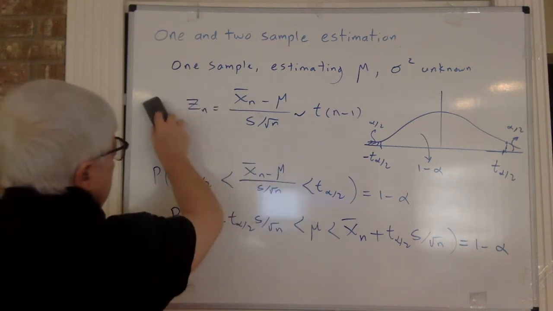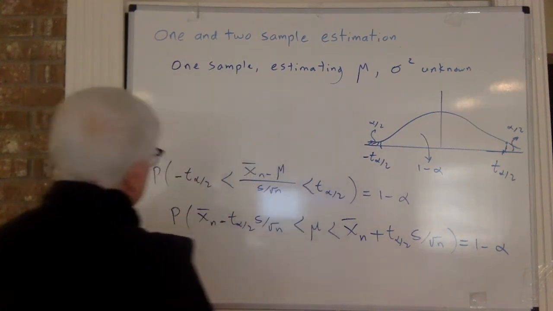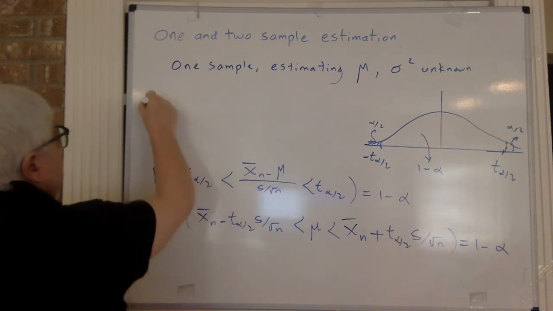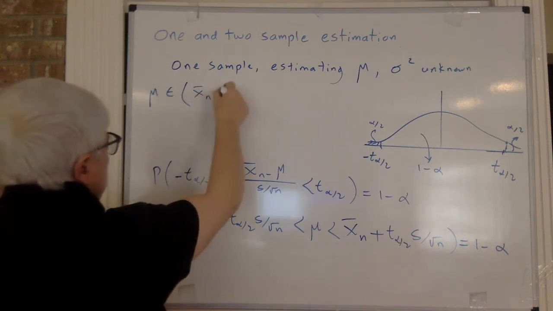And this means that mu falls within this interval, which is very similar to the other one.